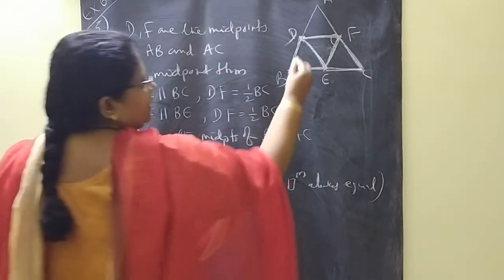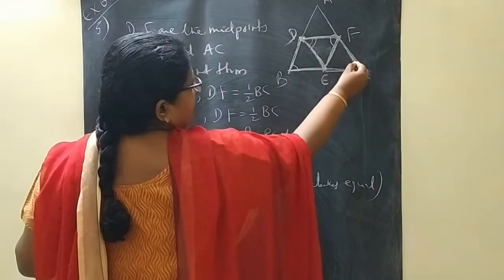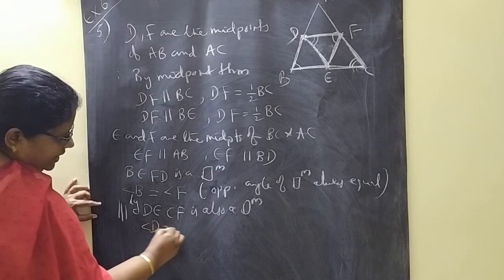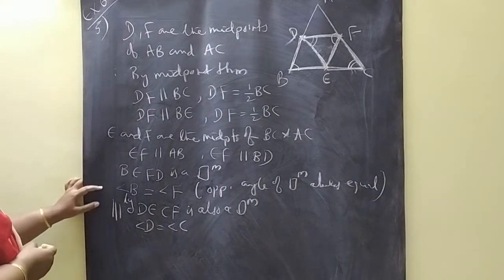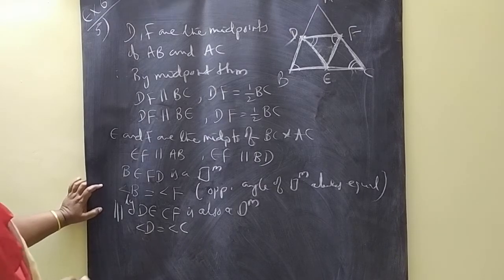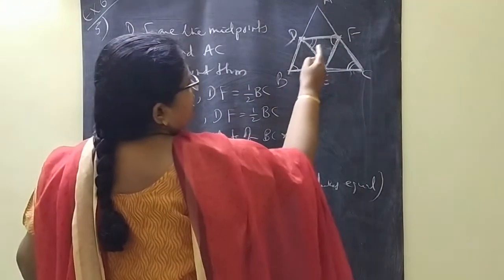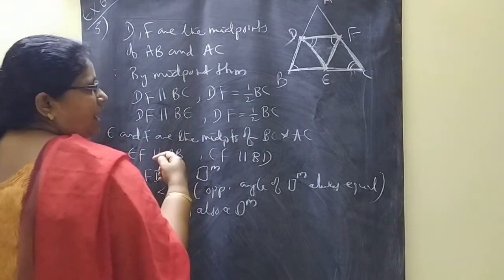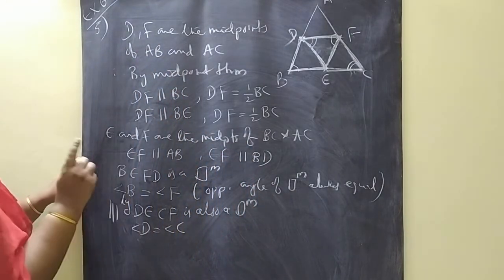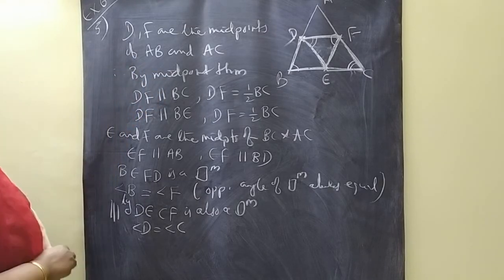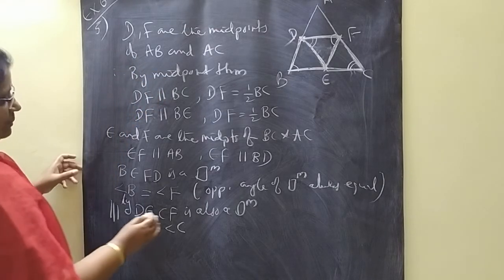So angle D is equal to angle C. Understood? So first we got these two angles equal, and now we got these two angles equal. Now we can prove that the inside triangle and the whole triangle are similar.